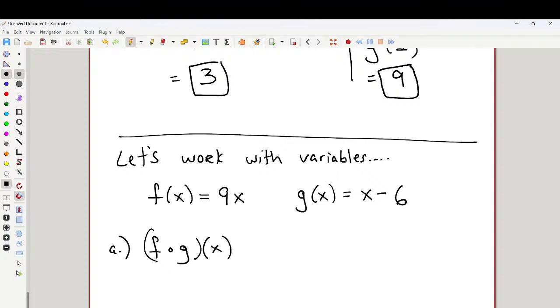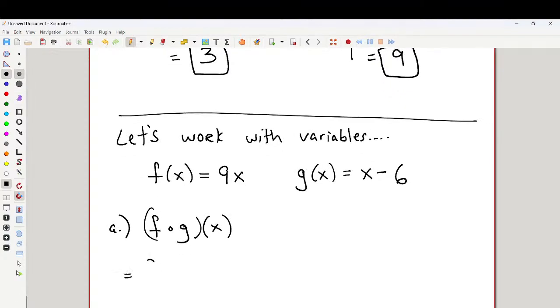All right, so now we'll do it with a variable. And for some reason, some students are like, oh, this gets harder, but it's really not. We're going to follow the exact same thing we've done, which is first put f on the outside and g on the inside. Now, previously, we were able to input a number here and output a number here, but we can't.